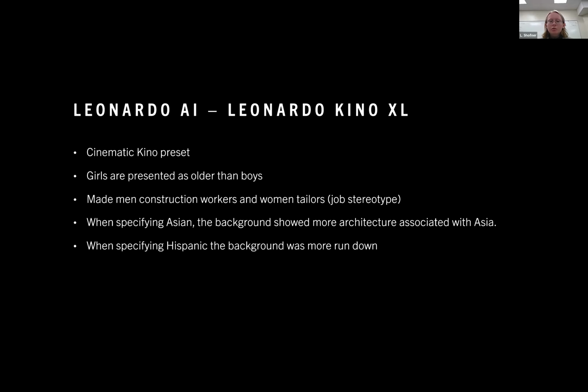One thing to note is that girls are presented as older than boys. When it came to work, it showed men as construction workers or more physical laborers, whereas women had desk jobs or were tailors. And on the aspect of race, when specifying Asian and Hispanic, it altered the backgrounds, as I'll show you.